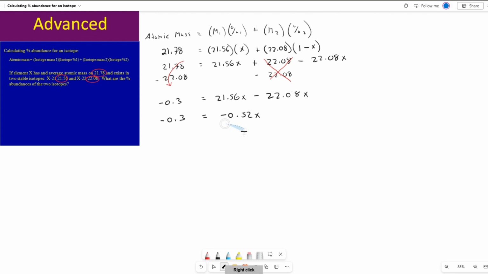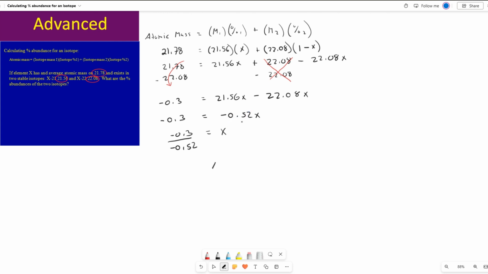Now, if we want to solve for x, you would divide both sides by negative 0.52. So x is going to be equal to negative 0.3 divided by negative 0.52, and the 0.52 will cancel out on the right side.